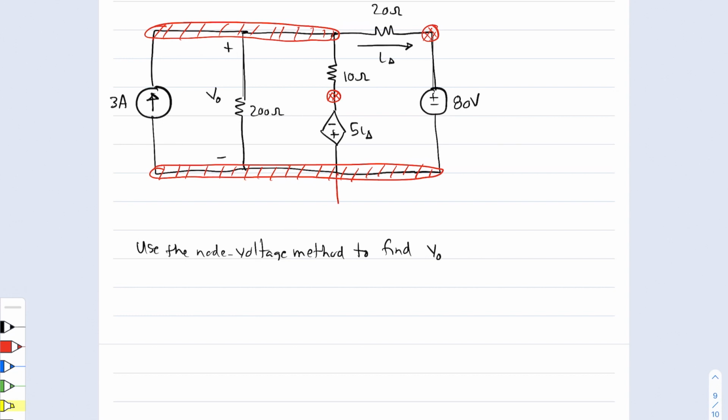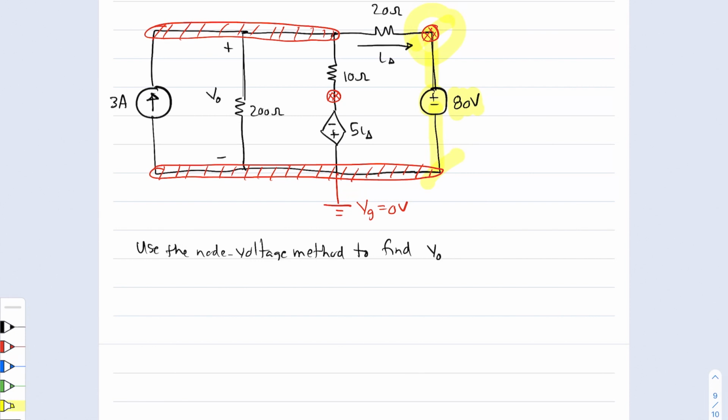Now, I'm going to go ahead and select this node down here as my ground node. So I'm going to assign that a node voltage of 0 volts. And then we need to take a look at the voltage sources. So here there's a voltage source of 80 volts. Notice this particular polarity. And it's sandwiched between this node and that node.